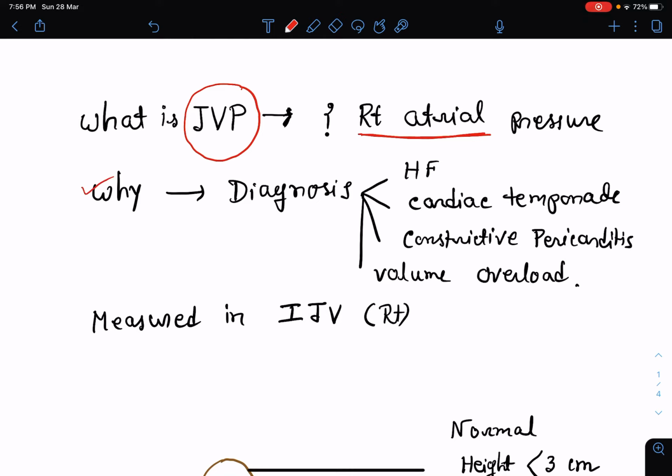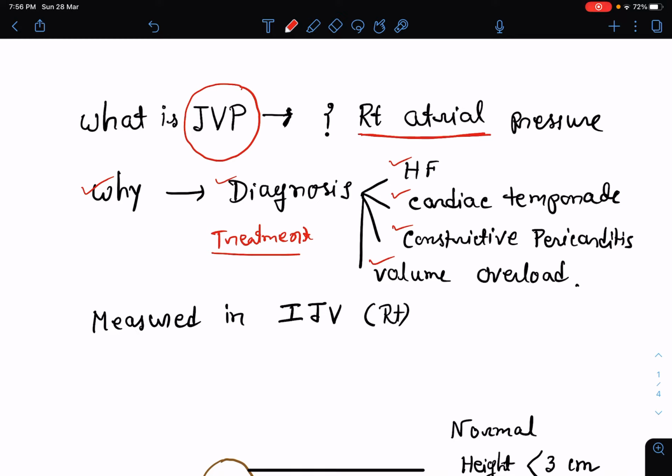JVP is important from diagnostic as well as from a treatment point of view also. In certain conditions, the JVP will be raised above normal. For example, in case of heart failure, cardiac tamponade, constrictive pericarditis, or any conditions with volume overload or hyperdynamic circulation, JVP will be raised.